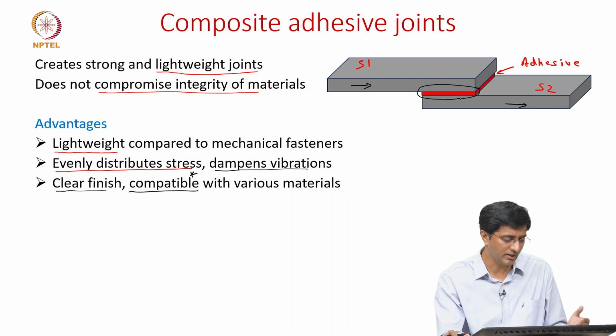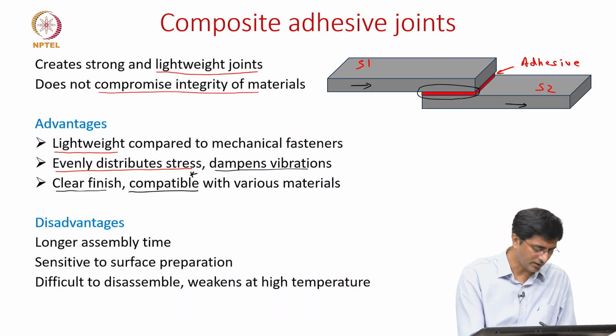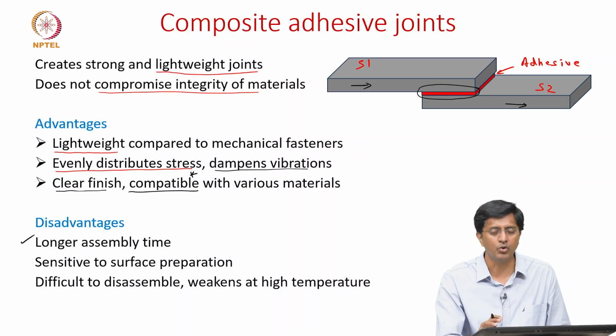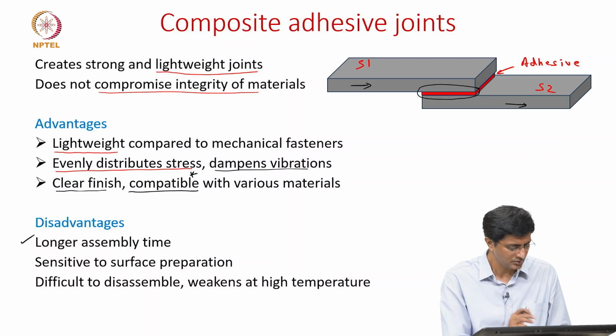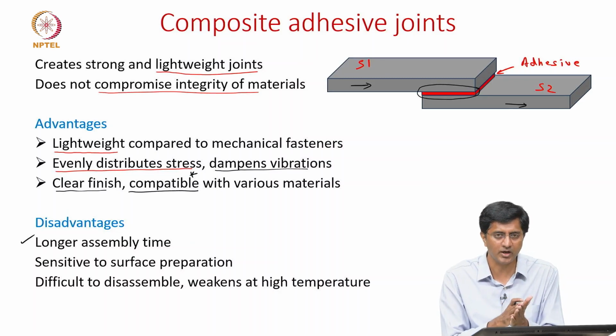But it does have a few disadvantages, which include longer assembly time, because this is most often done manually, but of course now there are many automated procedures even for adhesive joints. So it does take more assembly time, not just because of the application of the adhesive, but it also takes time for curing.